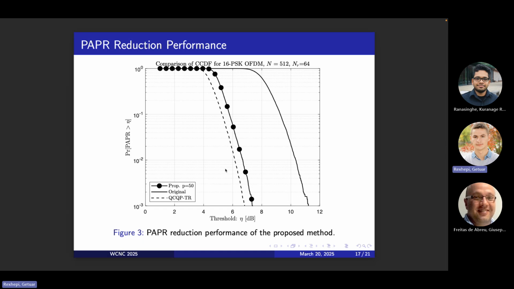And then the black ball represents our proposed method with P 50. As can be seen, we lose very little performance. It's maybe half a dB. But we will see later that we have a huge gain in sensing performance. So this algorithm gives us a trade-off between PAPR performance and sensing. And for that, we discuss in the next slide.